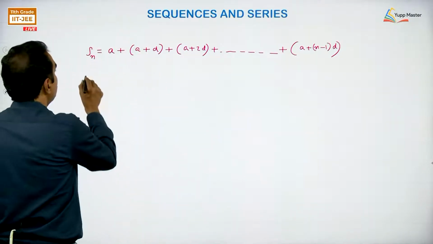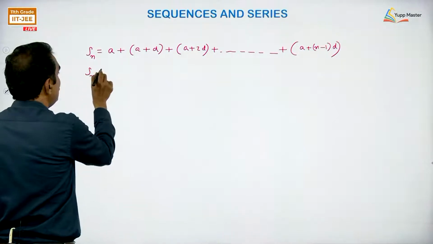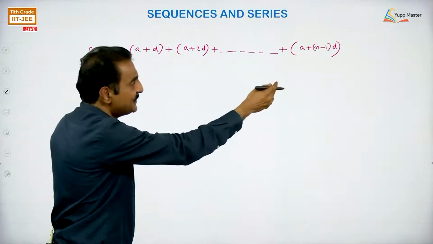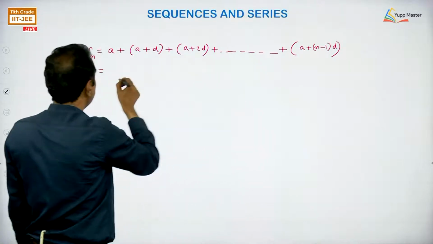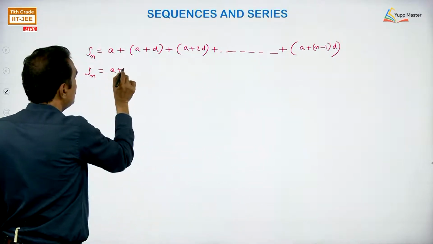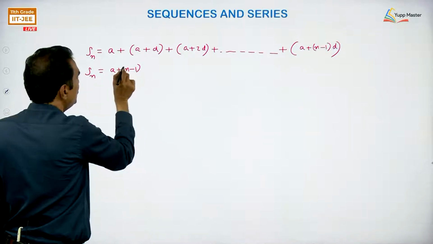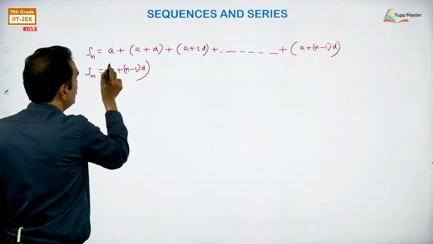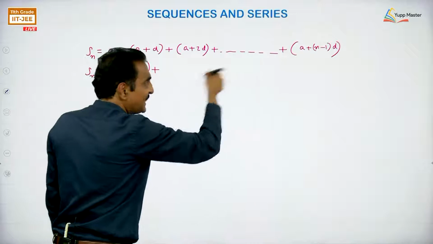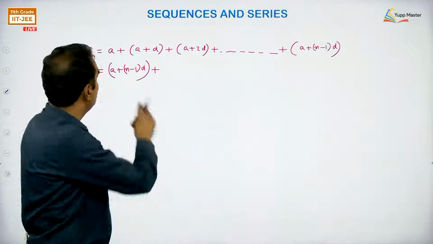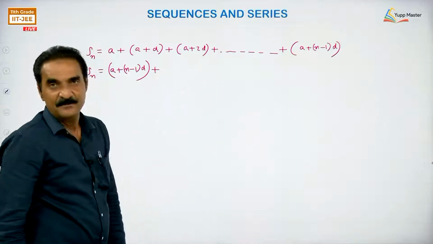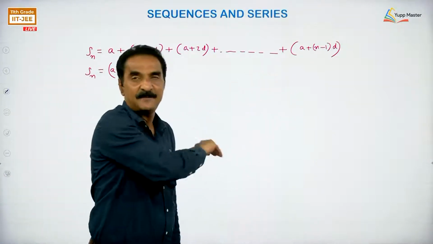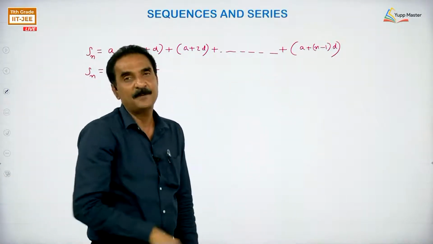Now let us write the same series backwards. So the last term becomes the first term, comes here, a plus n minus 1 into d, plus what is the second last term? From left to right, d is being added to every term. If you write from right to left, d should be subtracted from every term.